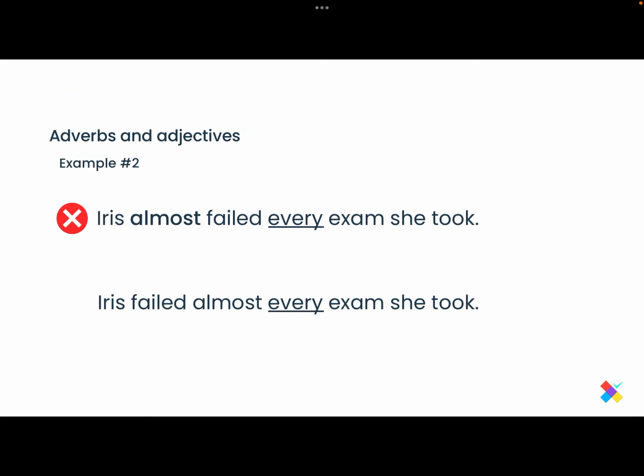It's just a switch of the words here. In the first sentence, almost modifies failed, meaning that Iris barely passed every exam. However, the correct sentence shows that almost actually modifies every, revealing that Iris failed most of her exams and only passed a few.